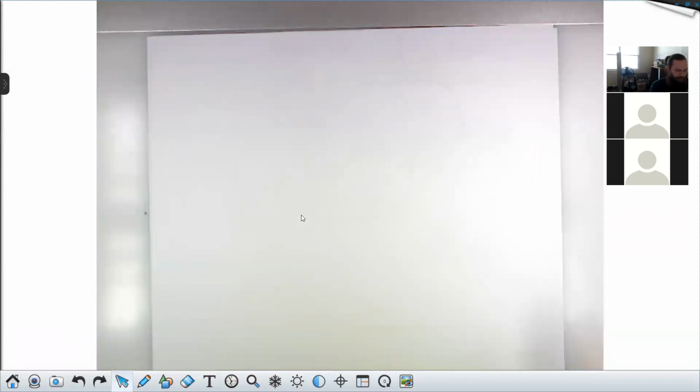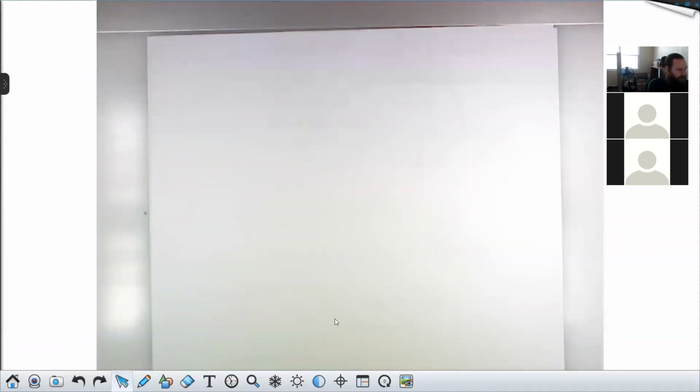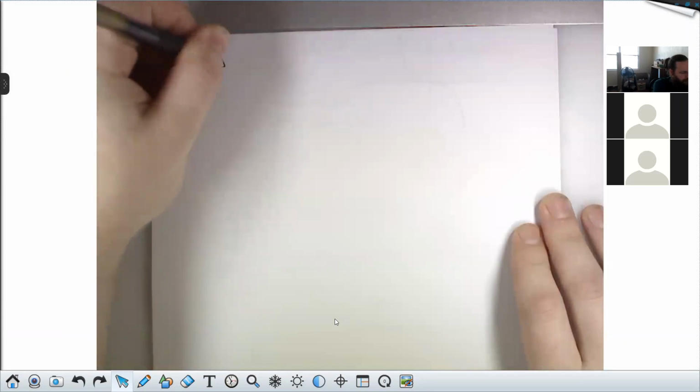So 11 asked us to sketch a graph that has a local max at 2 and is differentiable at 2, local max at 2 and is continuous but not differentiable. So let's do this. This is 4.1, number 11.